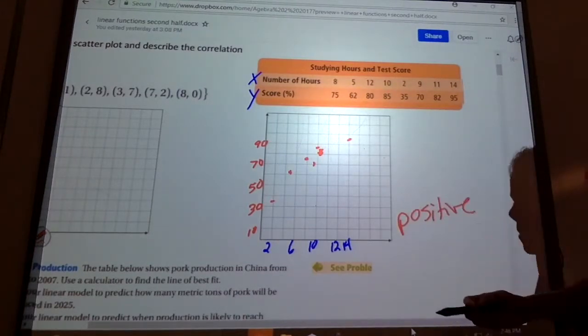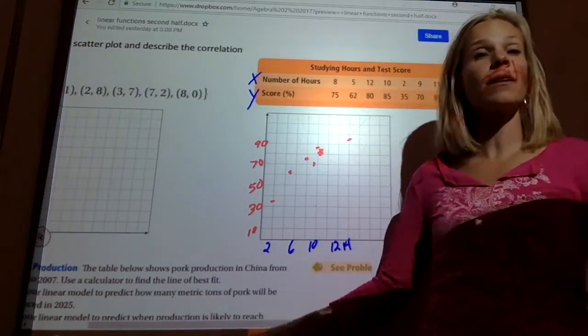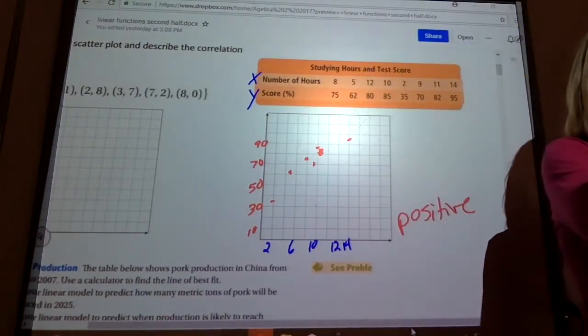Positive. And that should make sense. The more hours I put in studying, the better quiz or test grade I'm going to get.